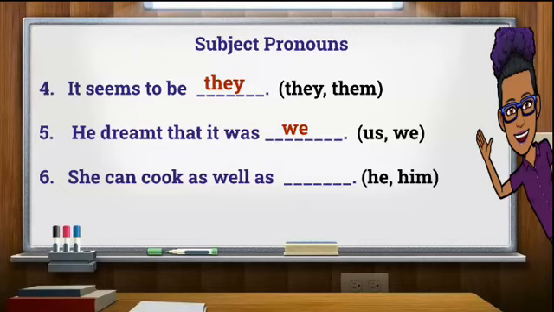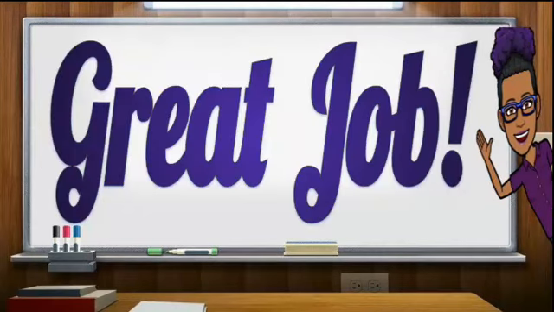So he dreamt that it was we who did it. Number 6, she can cook as well as he, or we can add our ending. She can cook as well as he can. So here we have our subject pronouns.